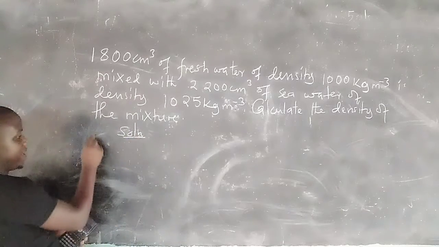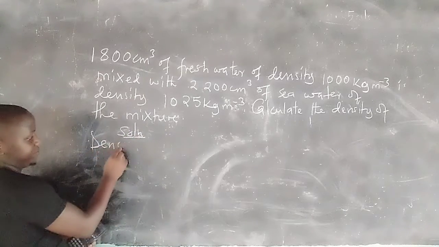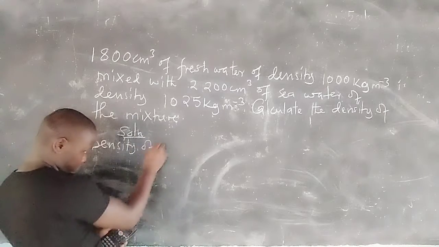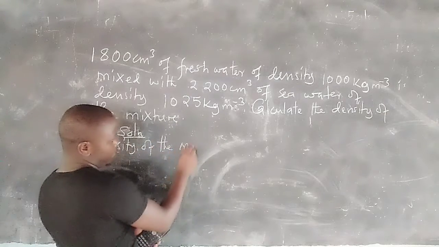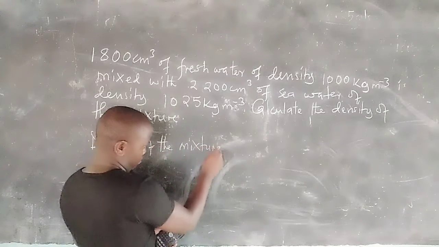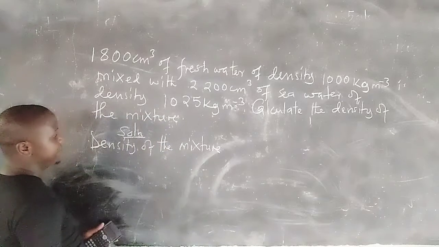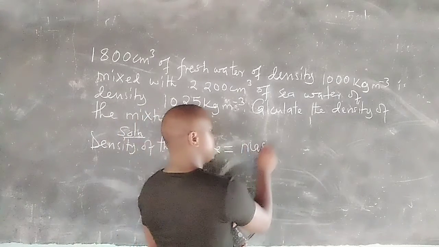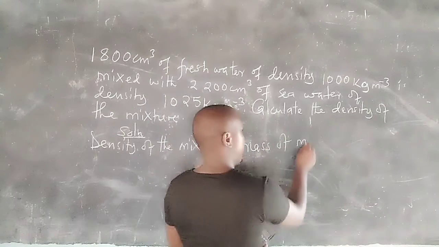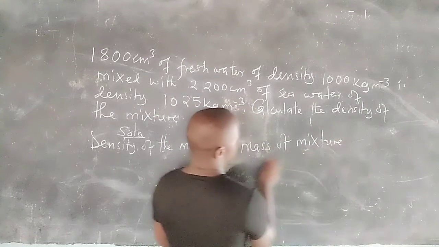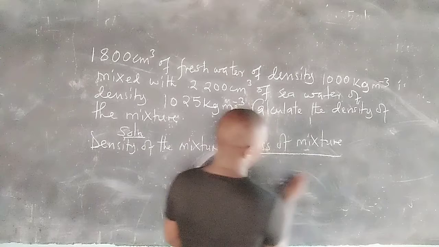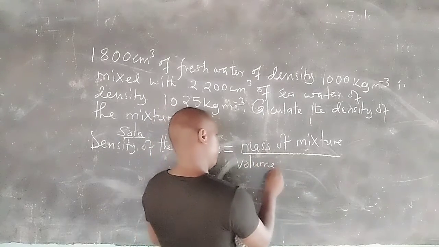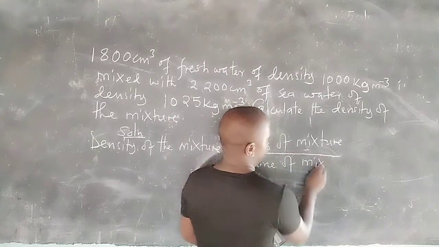We have said very well the density of a mixture is given by mass of the mixture divided by volume of the mixture.